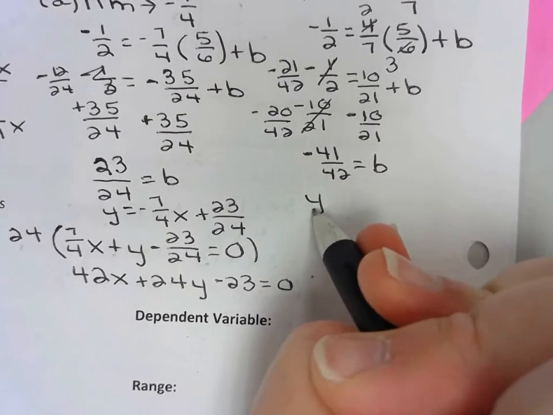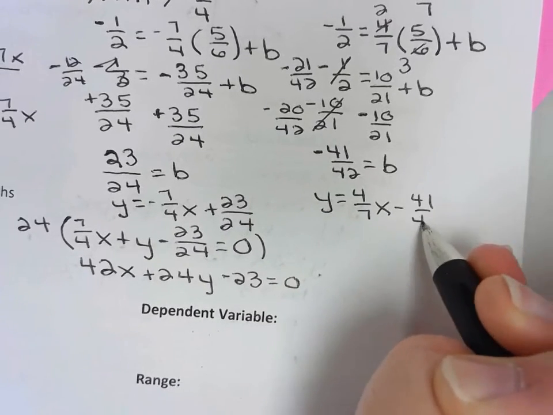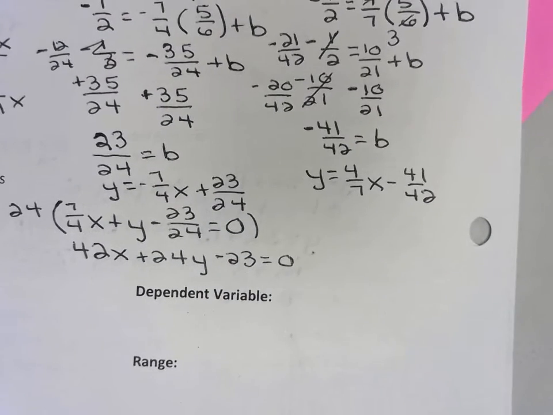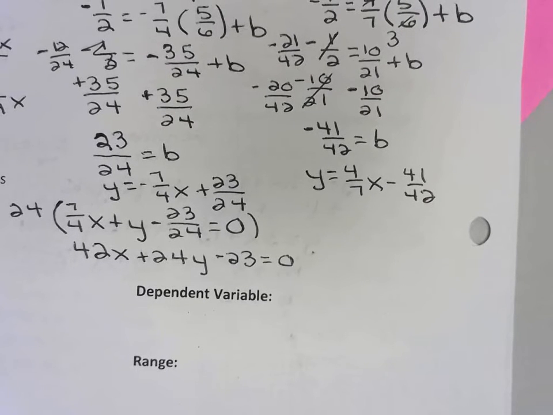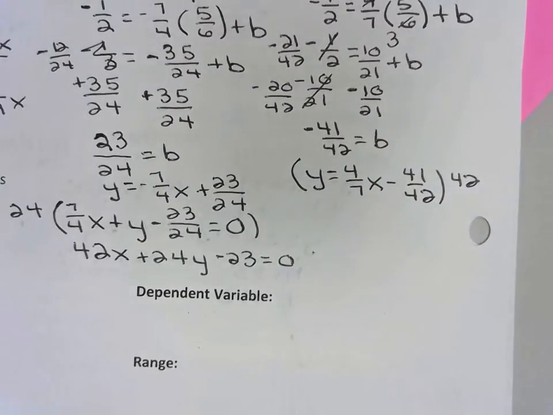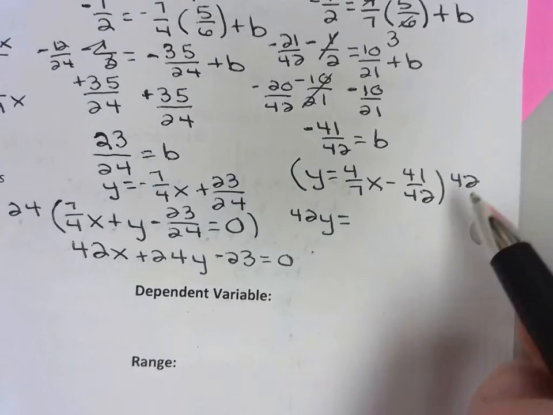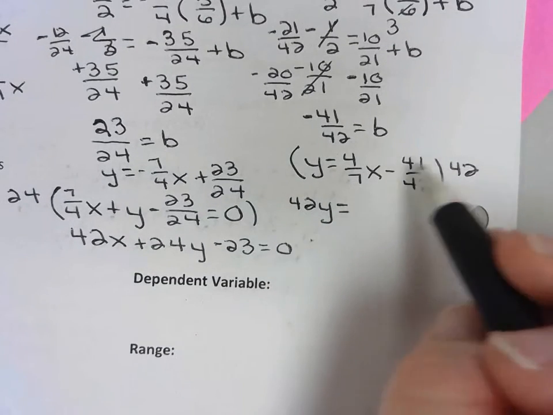Plug it all in. y equals 4/7 x minus 41 over 42. Plug in your slope and your b. I want it in general form. So you can either multiply everything by 42 now, or you can multiply it later. It doesn't matter. So if I multiply everything by 42 now, because I need to get rid of the fractions to put it in general form, that'll just give me 42y equals 4/7 times 42.